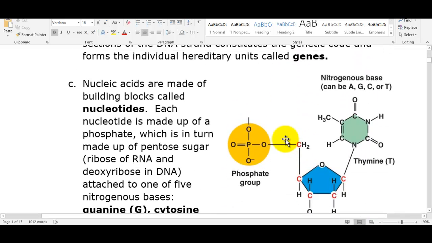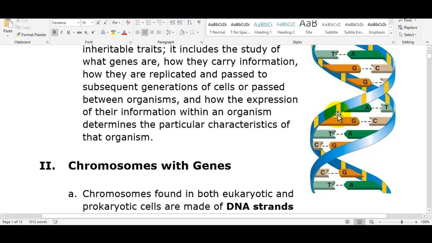And if you remember also, DNA was made of what are called nucleotides. It was a phosphate, a pentose sugar, and what is called a nitrogenous base, which is what the G's and the C's and the A's and T's represent, the base pairs.